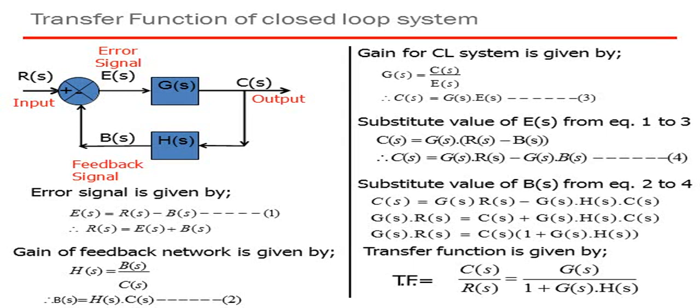Here you can see R of S and B of S are input to the error detector. Then the process or plant is represented as G of S, and the output is C of S, and it is fed to the error detector via H of S, the feedback element, here represented as H of S.